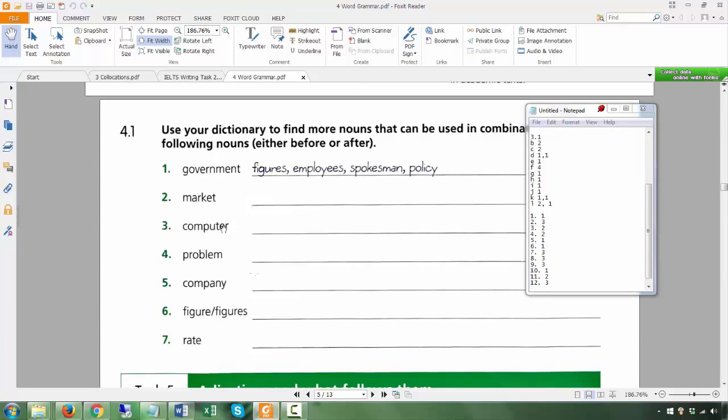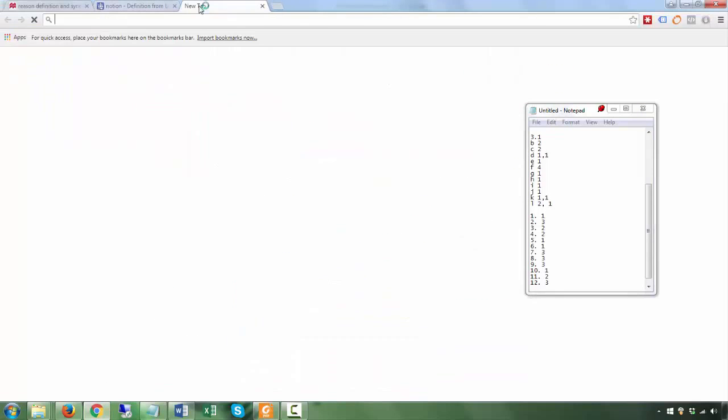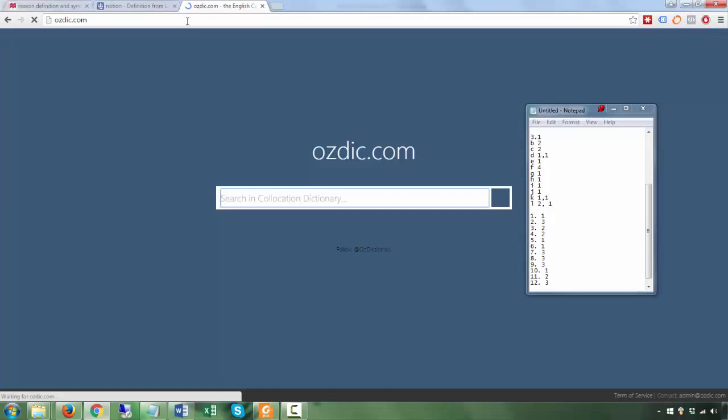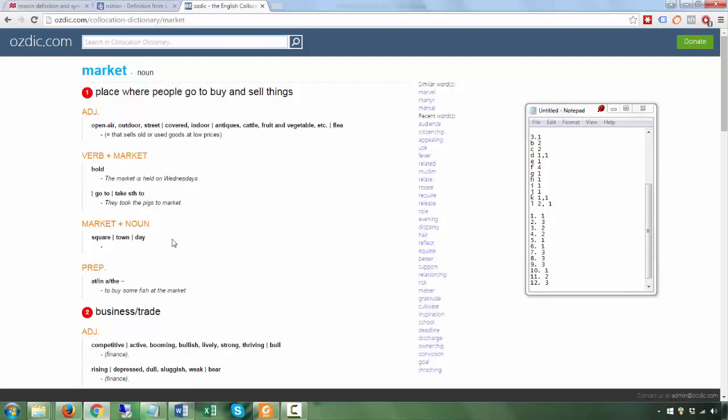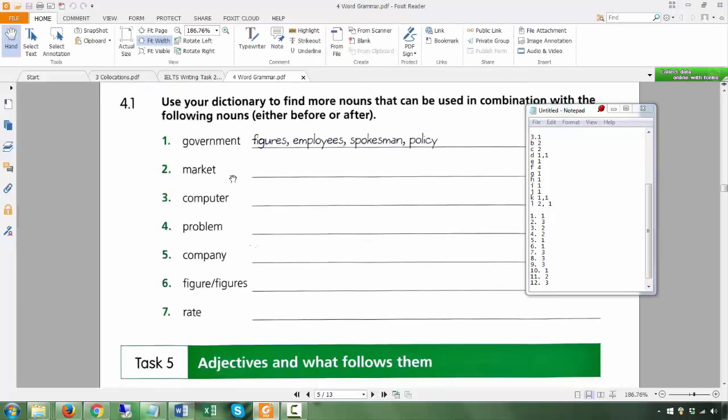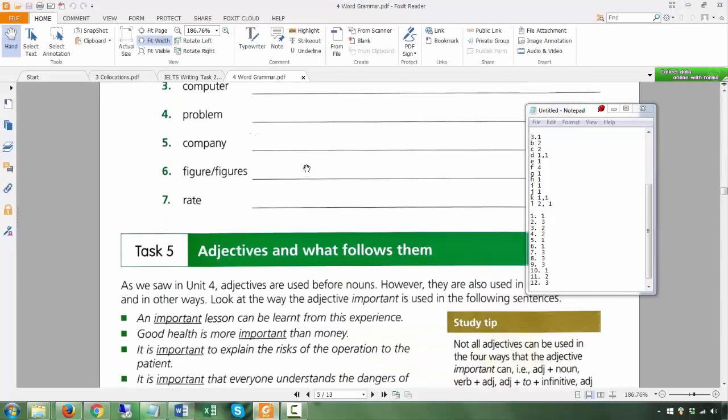Just go to OSTIC. This is one way you can actually mark it. So what kind of nouns could go with market? Market price, market value, market conditions, etc. Okay, so I'll just leave that to you. You can go to Ostic to do this, right?